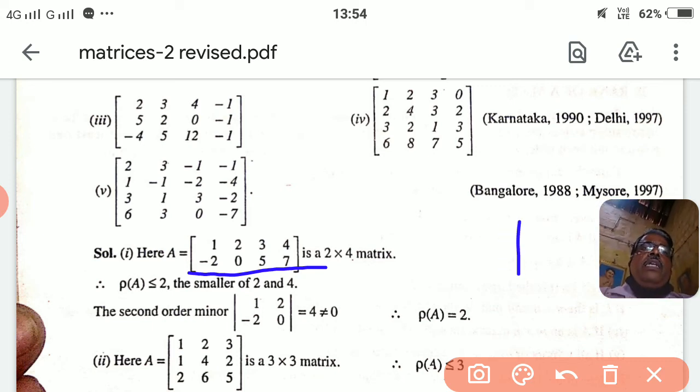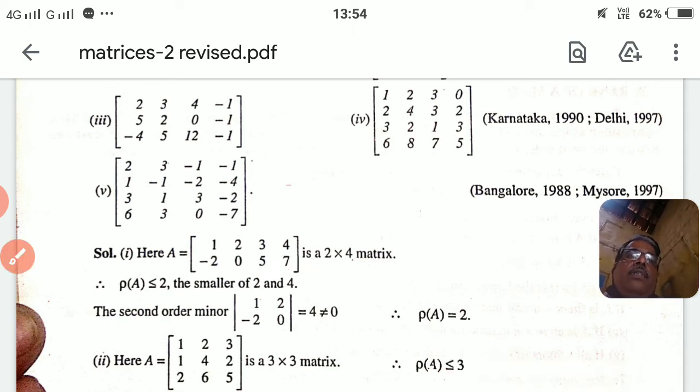Now, as per the method, what is the rank of the matrix? It is of order 2 cross 4. As we explained above, the rank of a matrix is always less than or equal to the minimum of m and n.